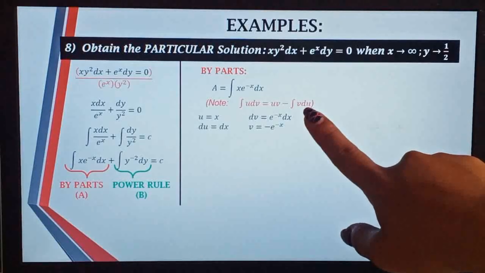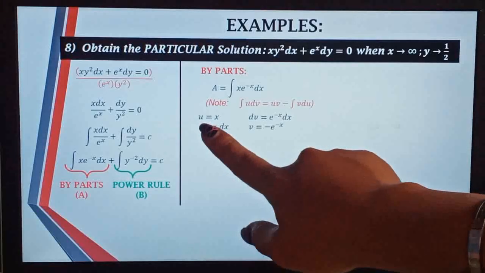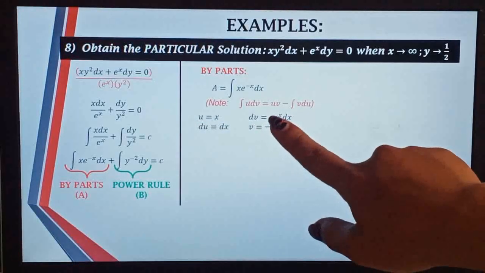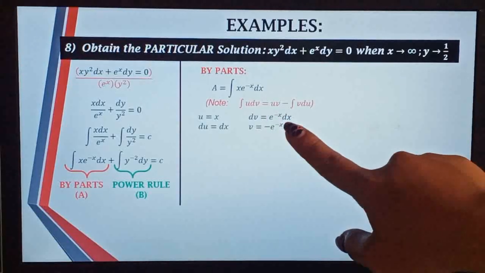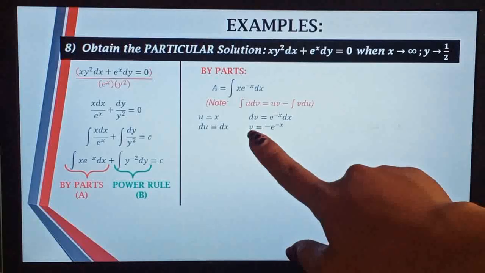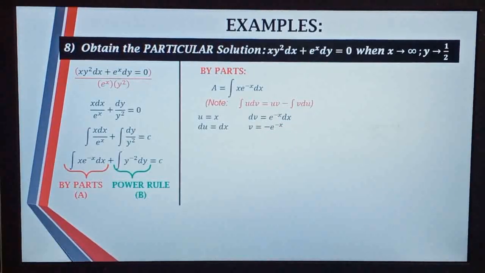So you have to set the u and the dv. In this case, our u is x and our dv is e raised to negative x dx. So your du is dx, then your v is equivalent to negative e raised to negative x.